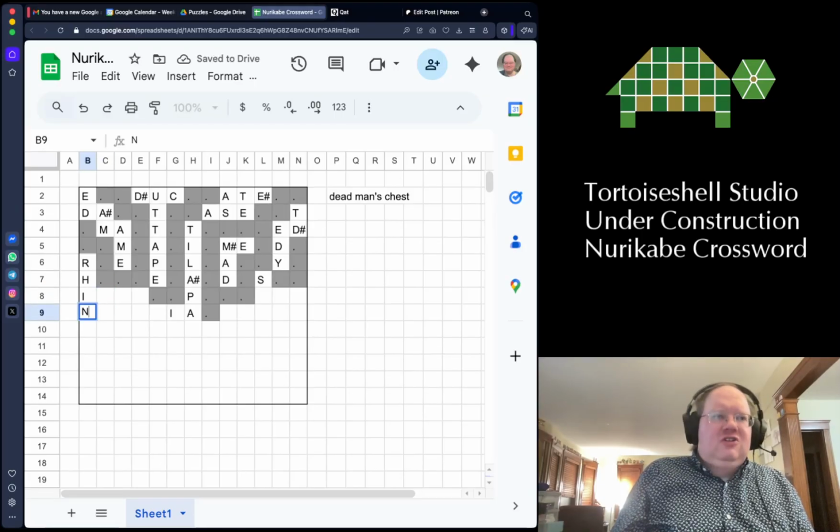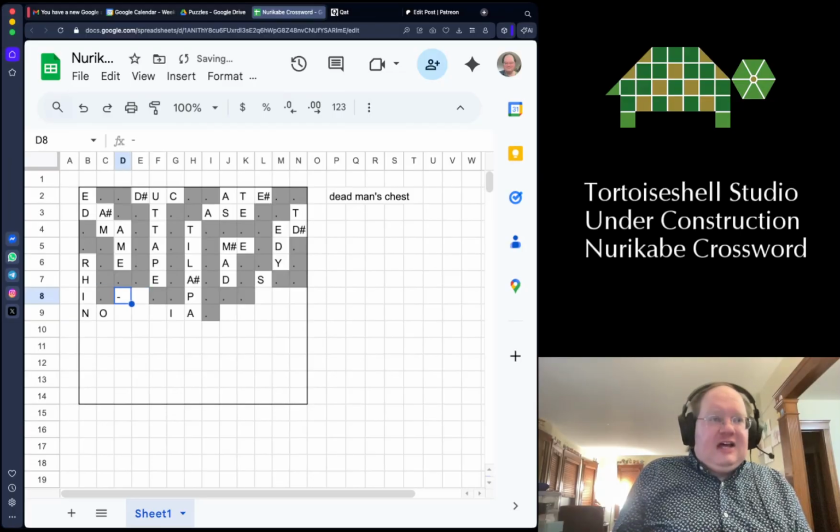I think it might have to go like this. Oh, nope, that doesn't work. Because, yeah, because we need something here to avoid having 2 by 2.